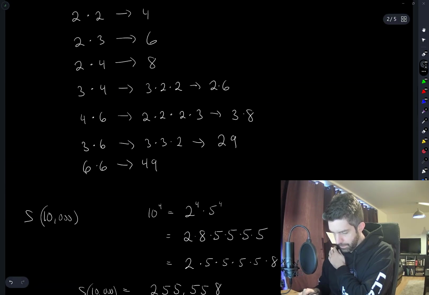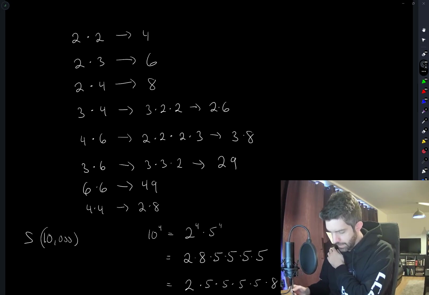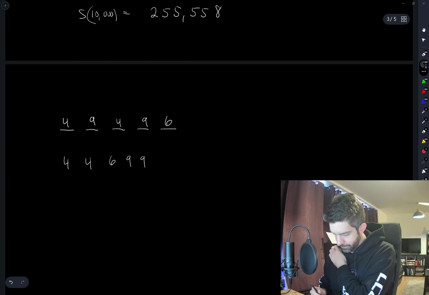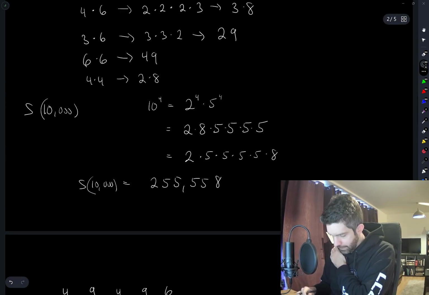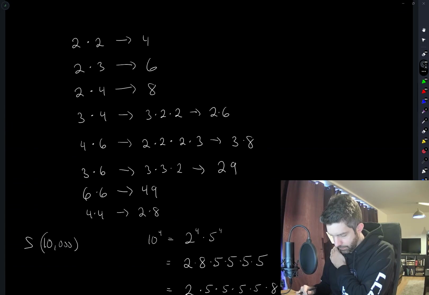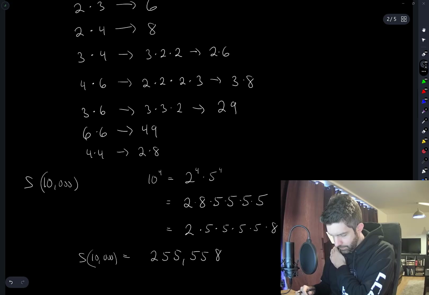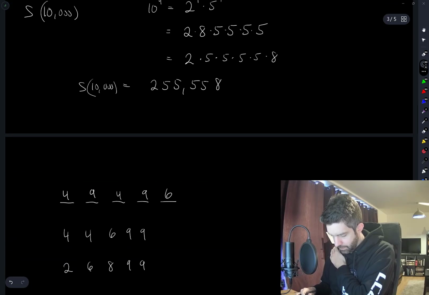I think I missed one of my possible replacements here, right? 4 times 4 should get replaced with 2 times 8. Two, 6, 8, 9, 9. So 2 and a 6 is fine. 6 and 8 is fine. 6 and 9 is fine. 2 and 9.